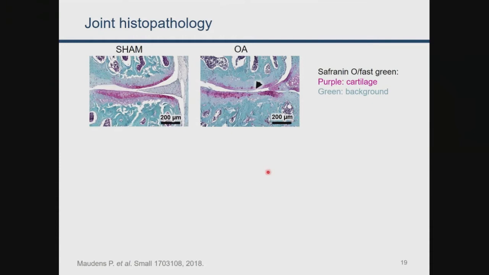So we performed the histopathological analysis, tissue sections were stained with Safranin O and fast green. This shows the medial side of the knee of the mice at 2 months. So you can see the femur above, as well as the tibia below. And in purple, you can see the cartilage, which is stained here. The arrows indicate the cartilage erosion that you can see in the OA model.